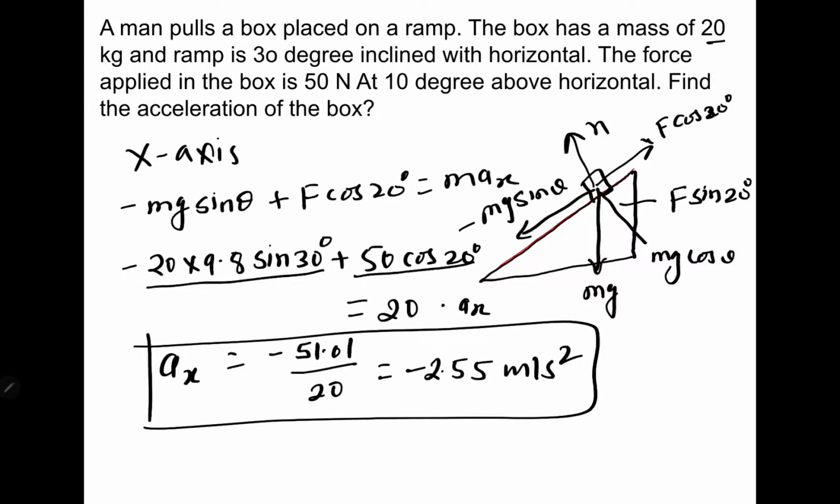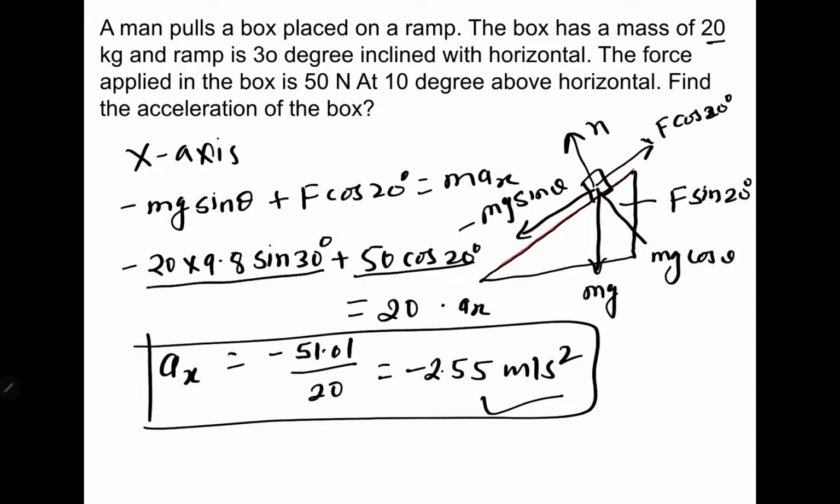Why is this negative? This is negative because the boy who is pushing from here does not apply enough force to go upward because of the gravity. Even if the boy is applying force, it is coming down towards the ground. So this is the deceleration along this ramp.